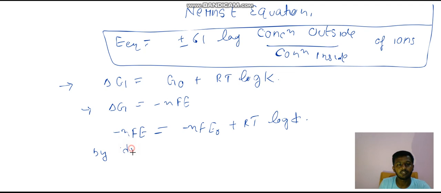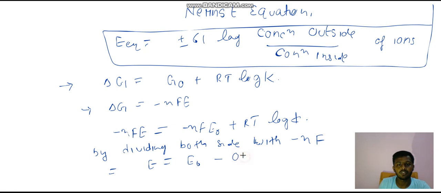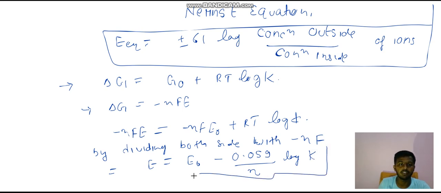By dividing both sides with minus NF, we will get E is equal to E naught minus 0.059 by N log K, and K is the concentration inside by concentration outside of the ions.